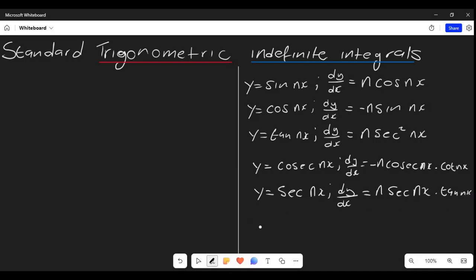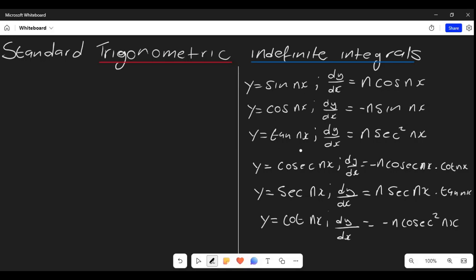There we go. And then last but not least, cot. The dy over dx of cot nx is going to give you negative n cosec squared nx.